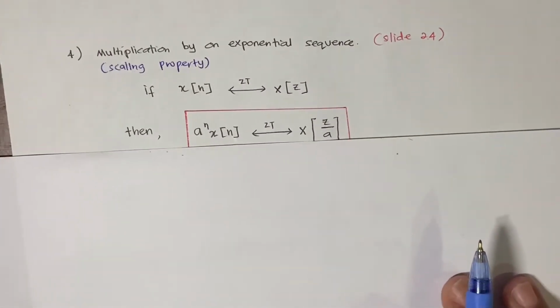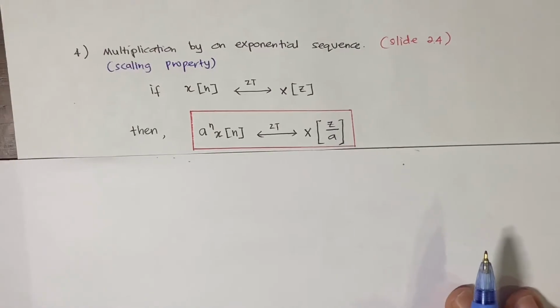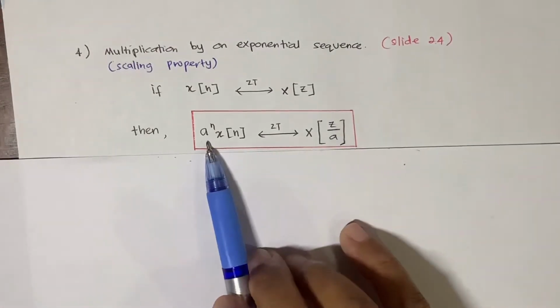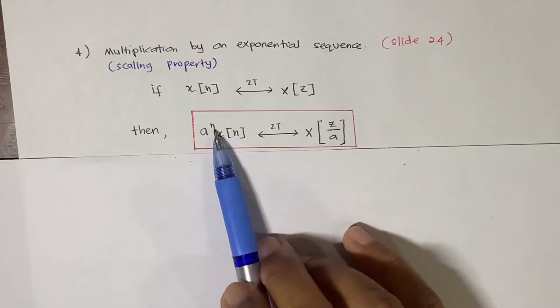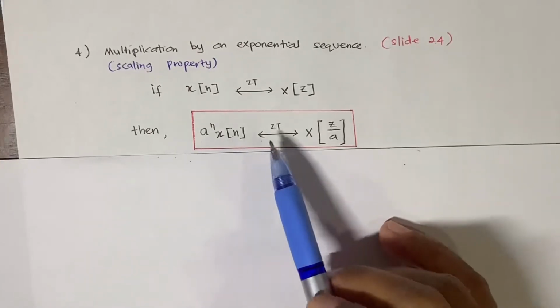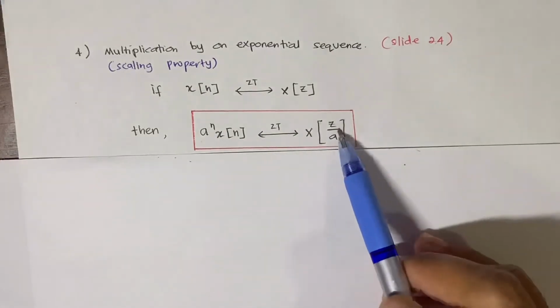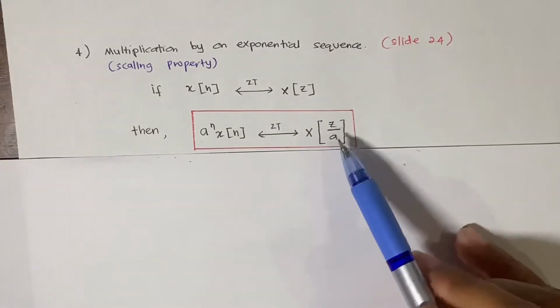Then, to apply scaling property, the equation is like this: a^n x[n]. By performing Z transform, you will get X(z over a).